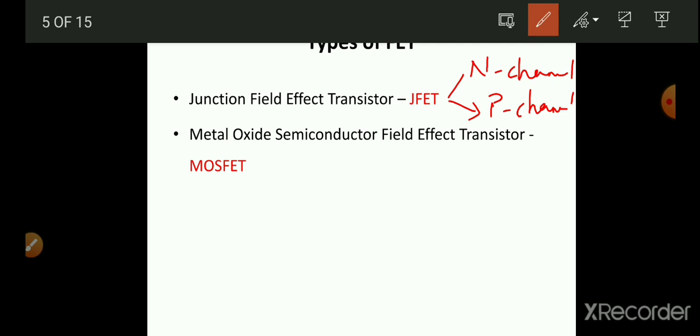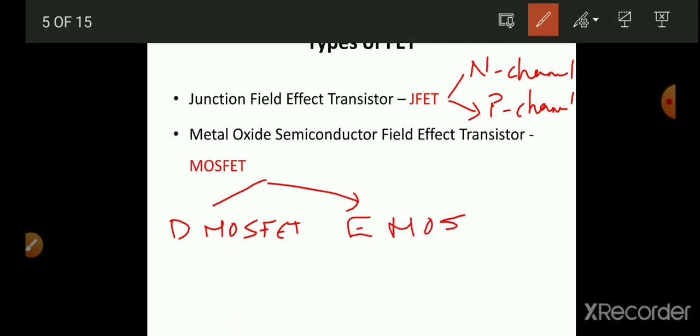Next classification is the metal oxide semiconductor field effect transistor or MOSFET. MOSFET can be classified into two types: D-type MOSFET and E-type MOSFET.